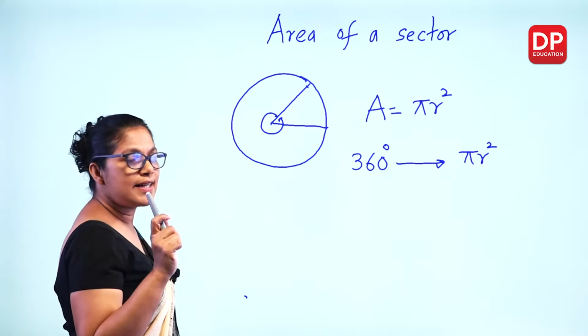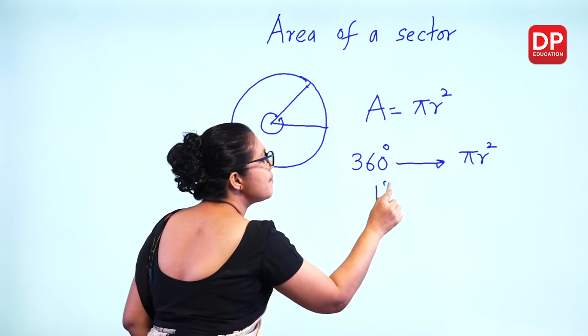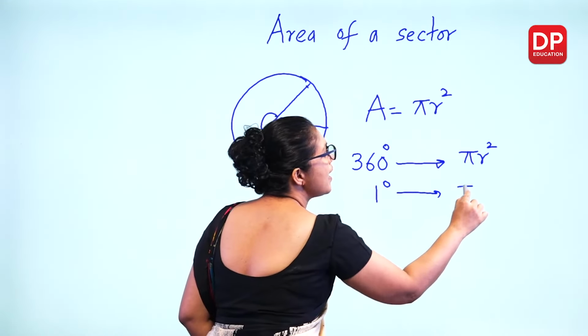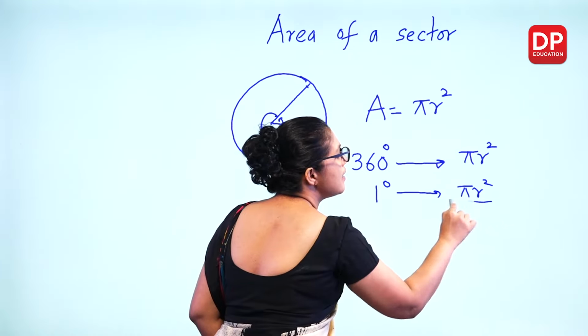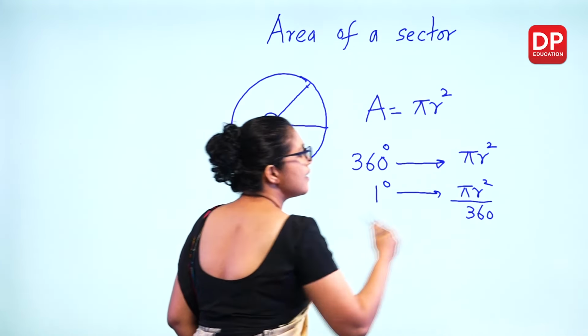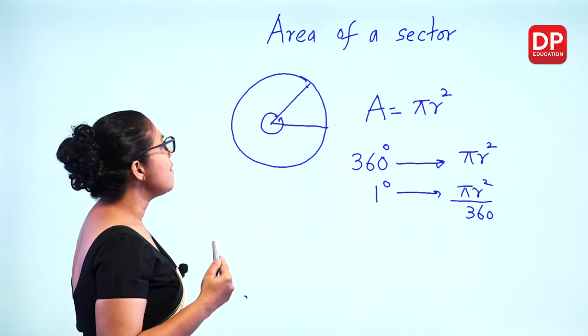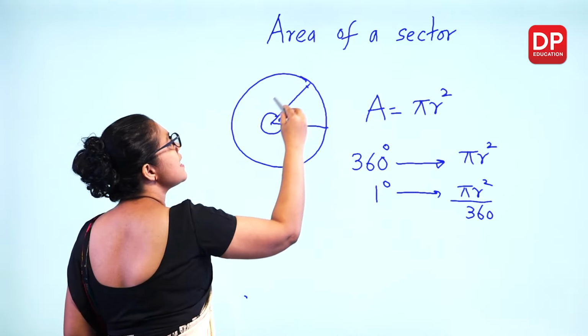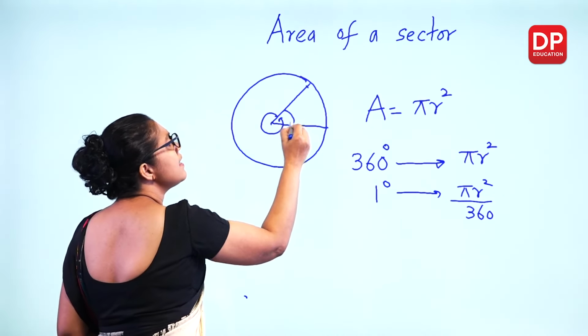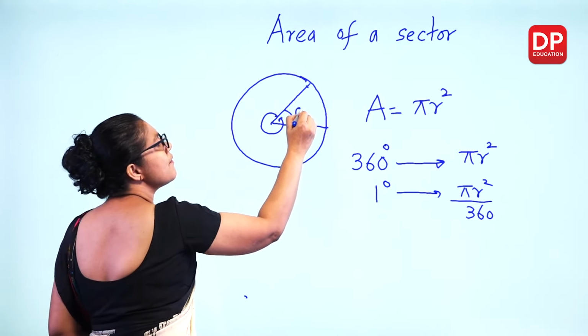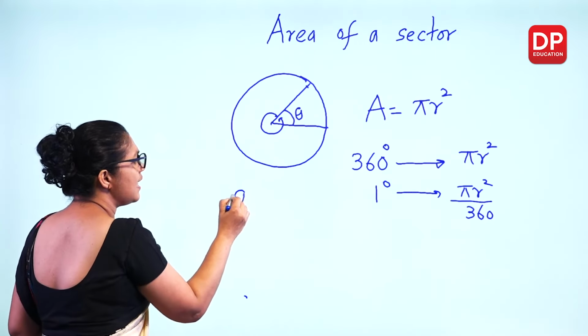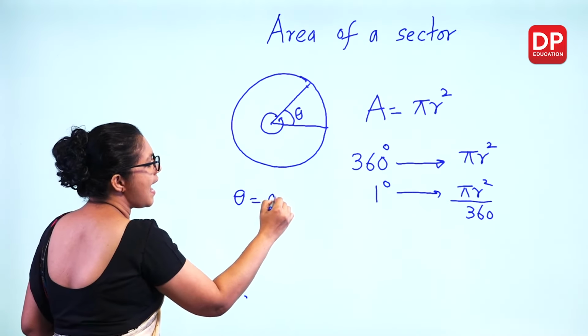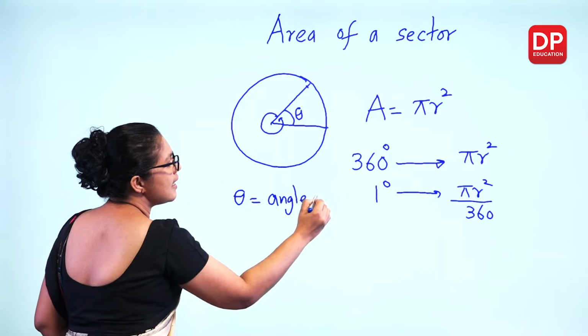Now what does 1 degree represent? 1 degree means pi r squared divided by 360. And if we want the sector area and the angle at the center, if it's theta, so theta is a Greek letter, it's the angle at the center.